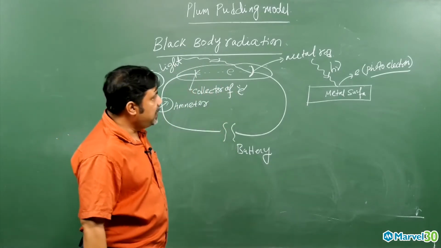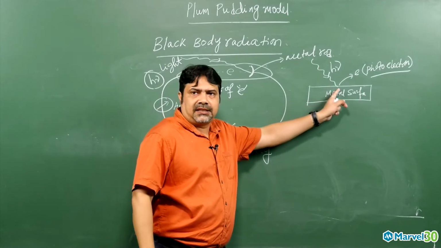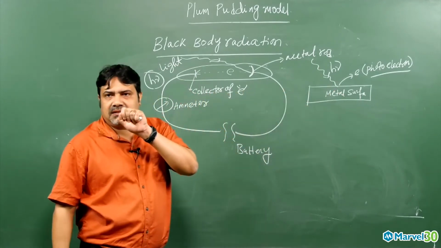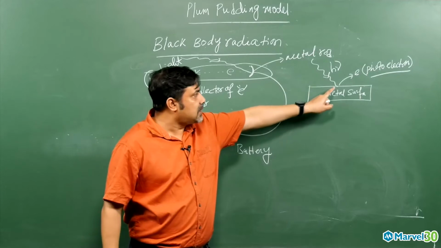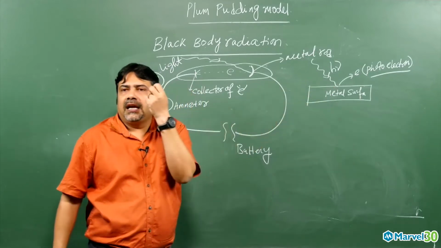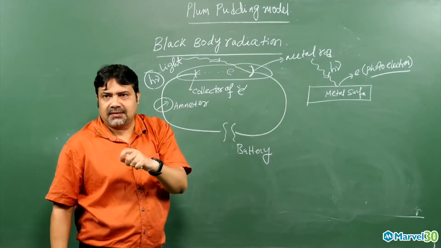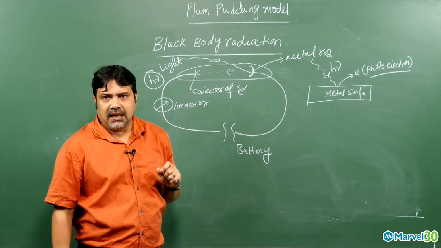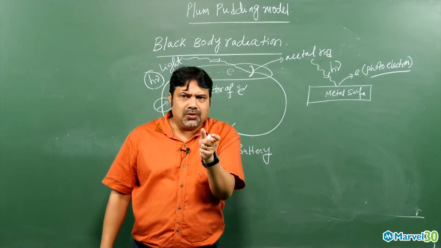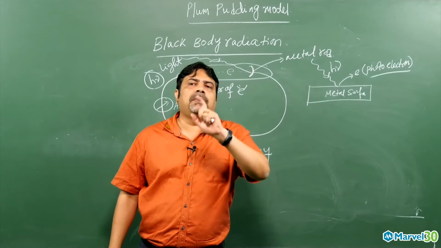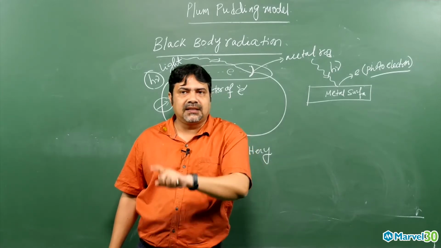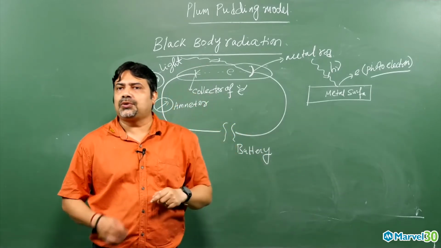Now when the electron is ejected from the metal surface, there are two parameters, because the electron in a metal surface has an attraction to the metal nucleus, which is called the binding energy. You cannot easily knock out the electron. First you have to overcome the binding energy of the electron to the nucleus, and only then will the electron come out to the surface.